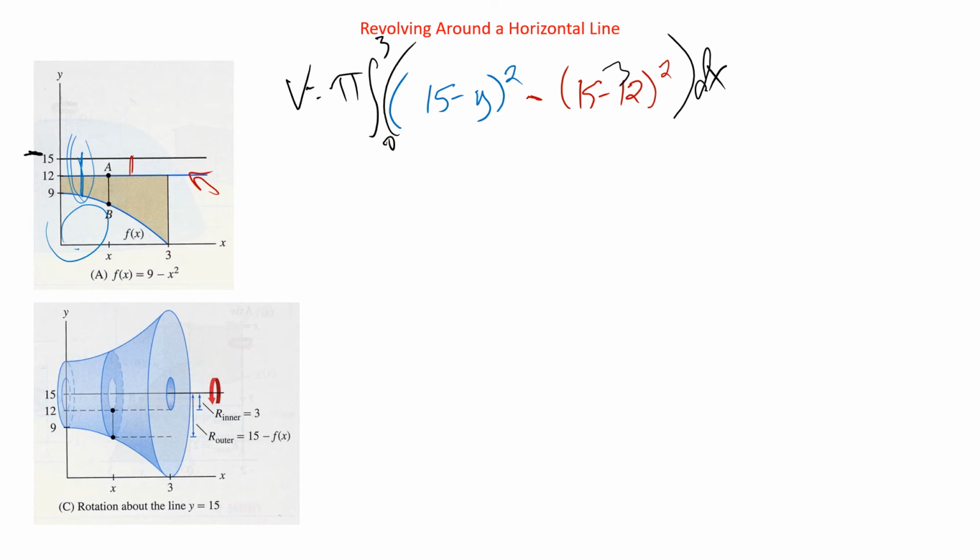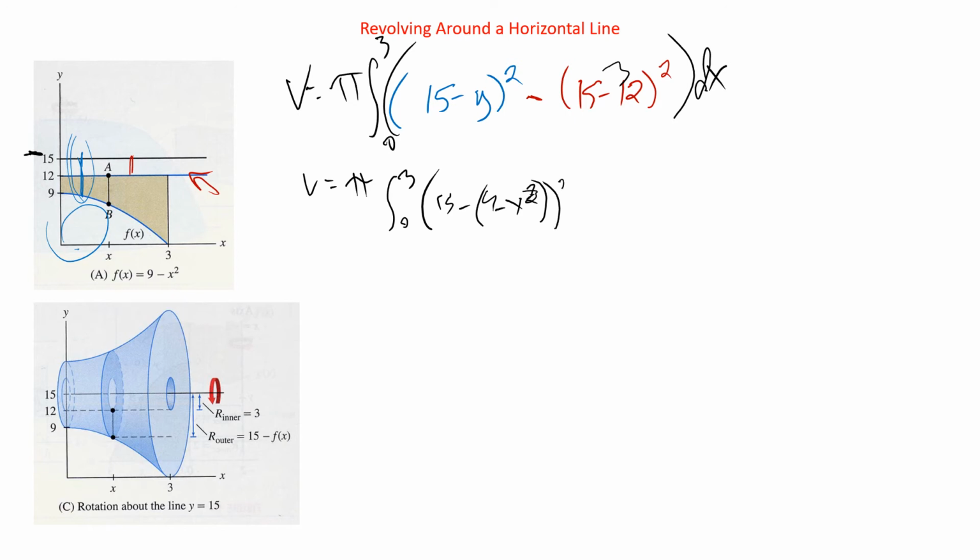Try this again. First, let's substitute in the y. 0 to 3. 15 minus y. Y is 9 minus x squared. So we have 15 minus 9 minus x squared.